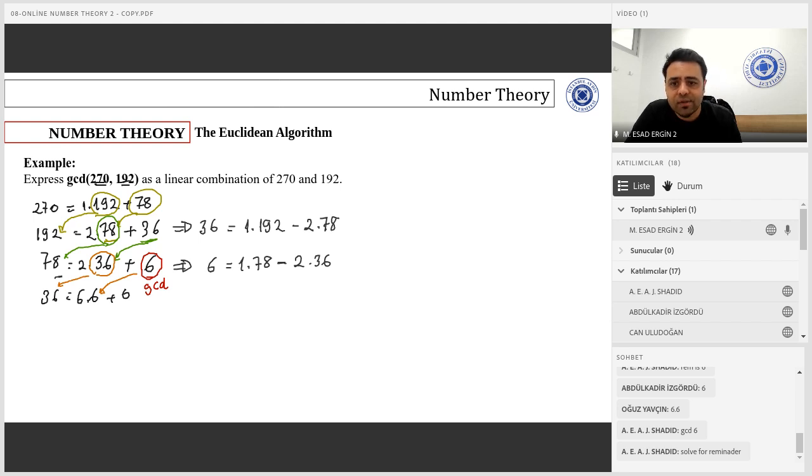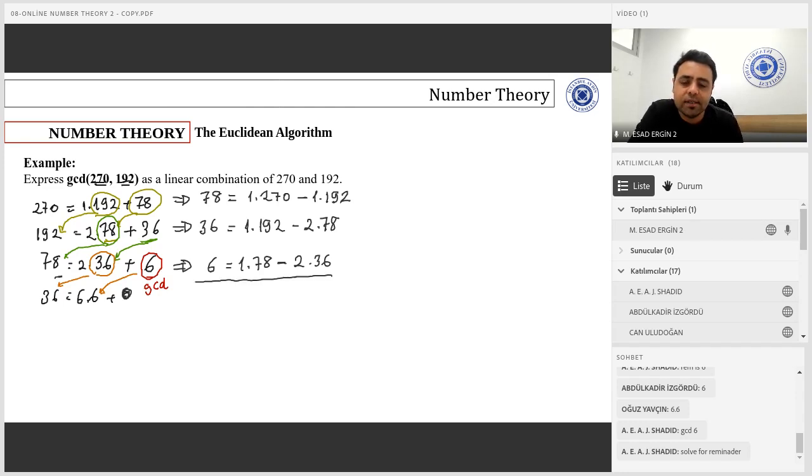And here 78 is our remainder, and 78 equals 1 times 270 and minus 1 times 192. Always we start, by the way, this is 0, not 6. So we always start from the previous step or the last step.